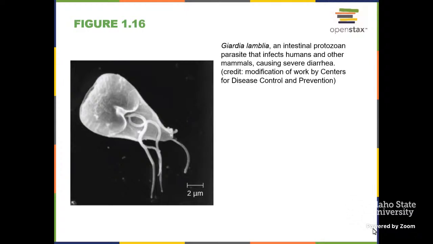Oftentimes you get a bit of intestinal discomfort, and the first thing you think of is, where did I eat last, right? What restaurant did I go to, right? And you want to blame that. Most foodborne illnesses happen in your own house, not from some restaurant, even though you want to blame somebody, right? So that's what's on your radar. Typically, things like that run their course, right? A day or two of that, and you feel good to go.